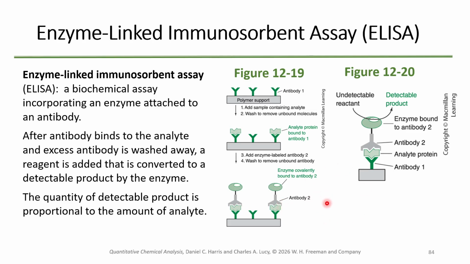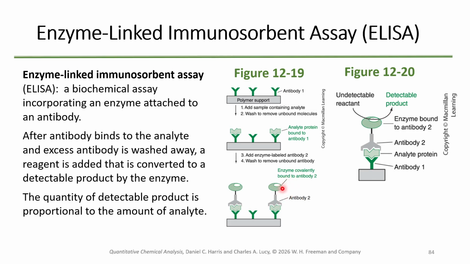So the next part is that this is going to be undetectable at this point. However, when you put through an undetectable reactant, remember this is an enzyme, right? It's going to act as an enzyme on that reactant. And so then you can convert that to detectable product. And how much you convert to detectable product is proportional to the enzyme bound, right?